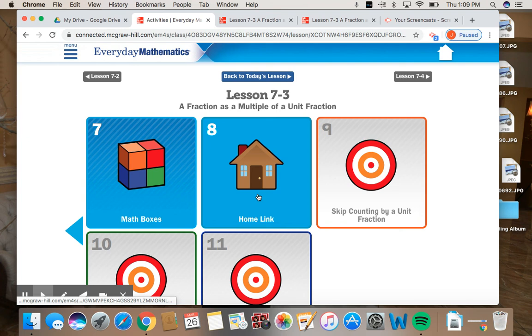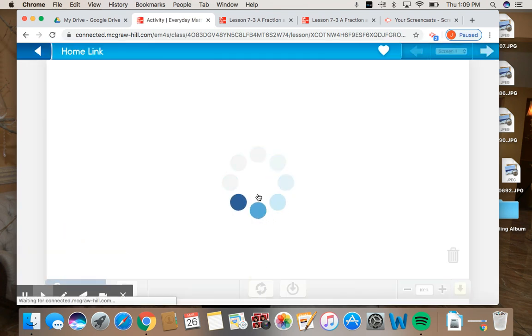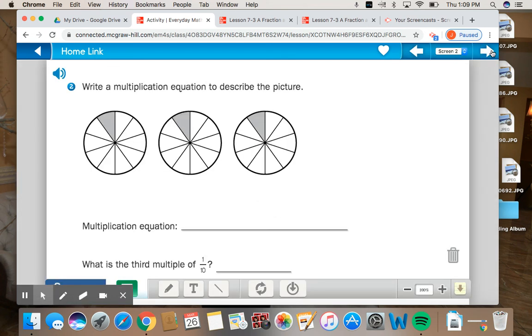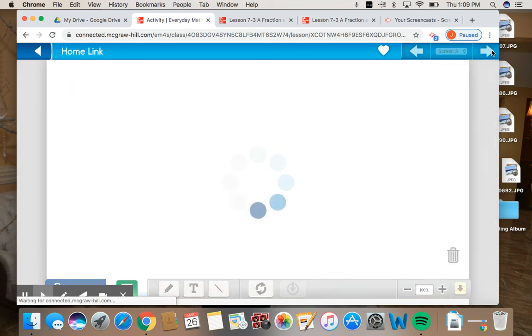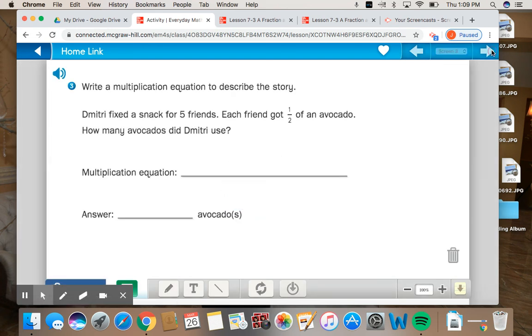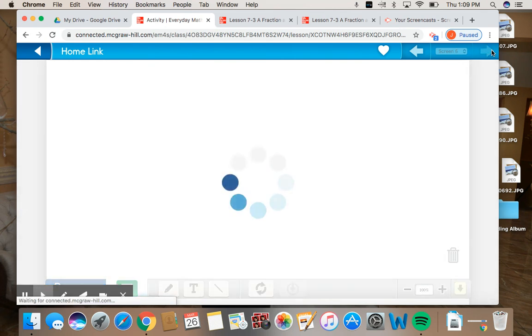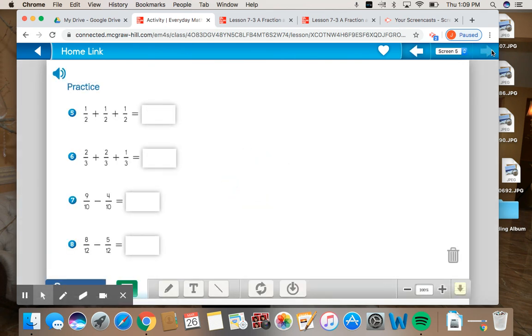And you do have your home link that you can work on. Here's your homework. Let's see, 5 screens. As you can see, the homework just mirrors what we did in our lesson, and here's the practice problems. There's your homework for today.